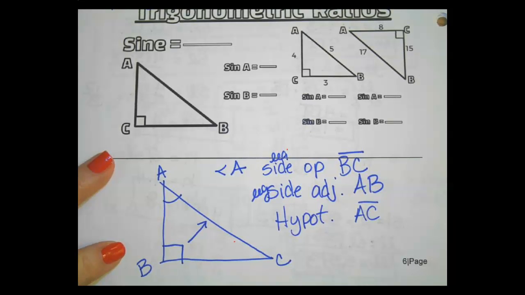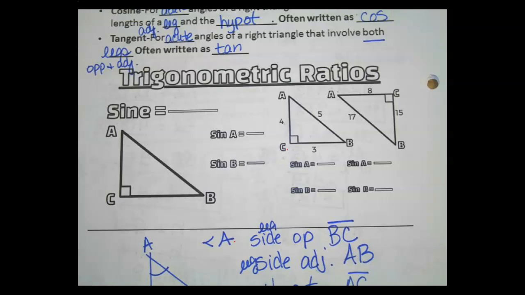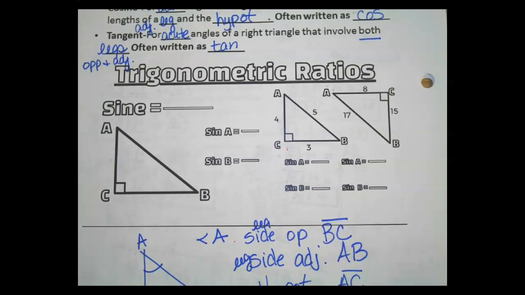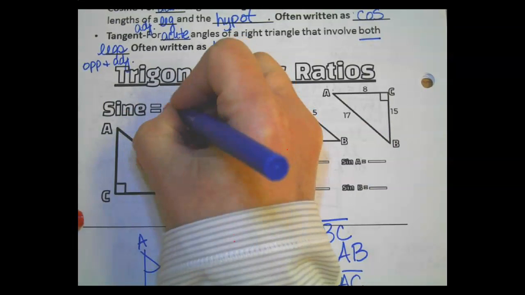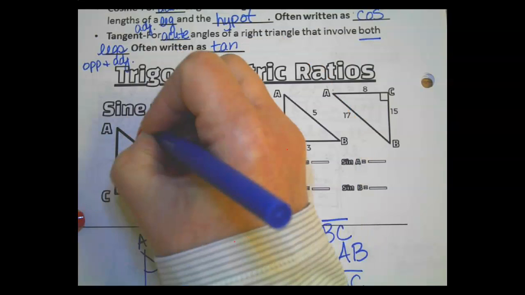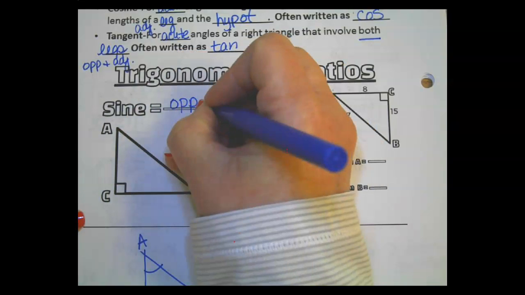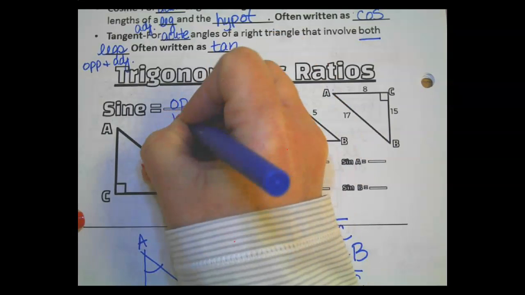So you get to learn these ratios, so try not to make this more difficult. Easy for me to say, right? Sine is the ratio of your opposite side to your hypotenuse.